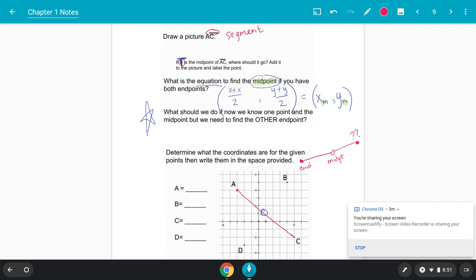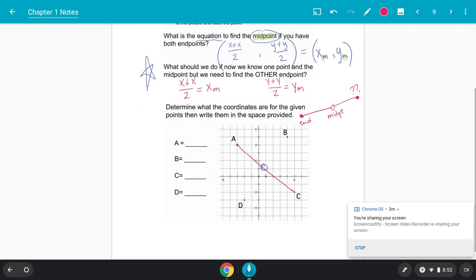That's going to be the difference today. So you're going to use this formula, where x sub m is the midpoint. And then you're going to do y plus y divided by 2 equals y sub m. In the summary section, I'll put this a little bit differently once we've practiced a little.